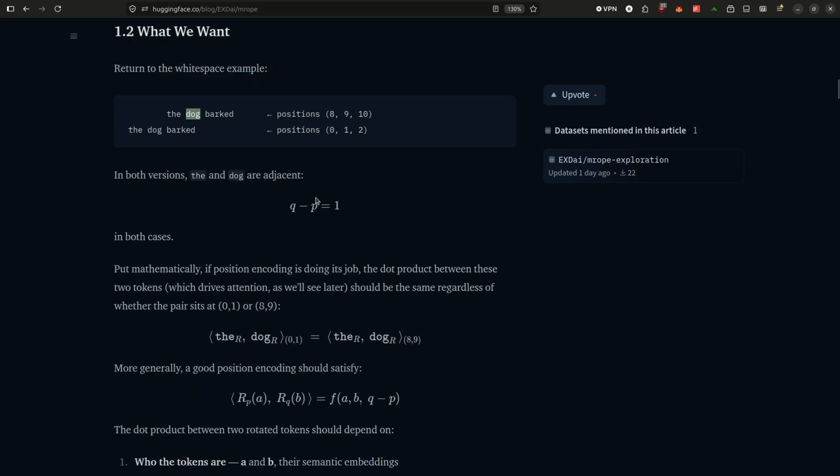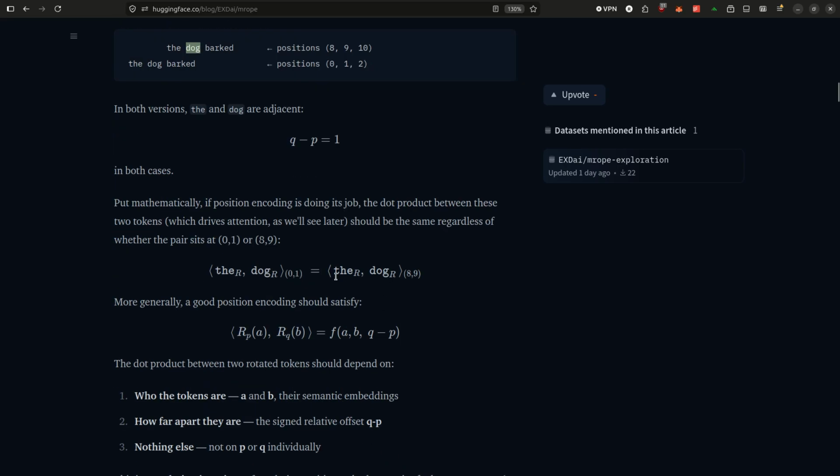And this is again something that's going to be a feature of the EXD. Before I say that, we want q minus p is equal to 1. That is, we want the index of dog, which is q, minus the index of the, which is p, to be equal to 1.